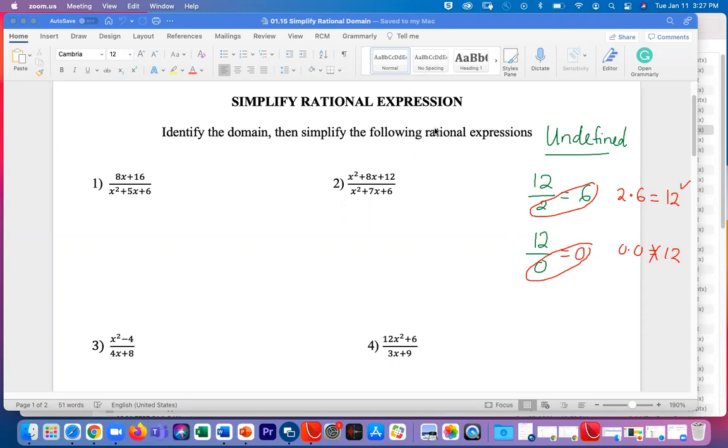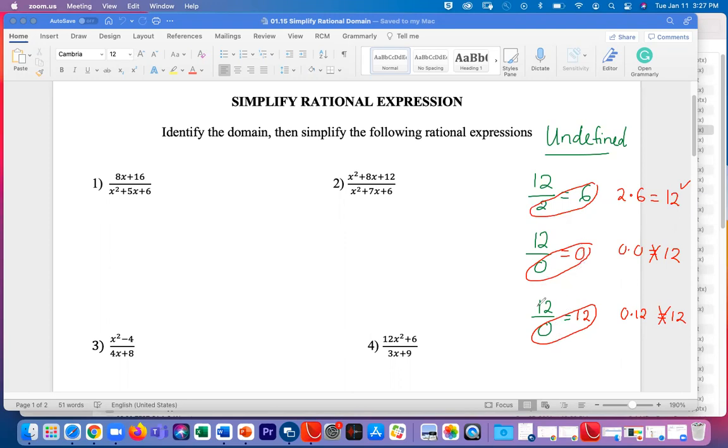I hear some of you say, Miss, when you say 12 divided by 0, that means you divide by nothing, so the answer is still going to be 12 because you don't divide by anything at all. Then I continue the same check by taking 0 times 12. Does it give you 12 or not? No, it still doesn't give you 12. So whenever you divide by 0, you cannot define an answer.